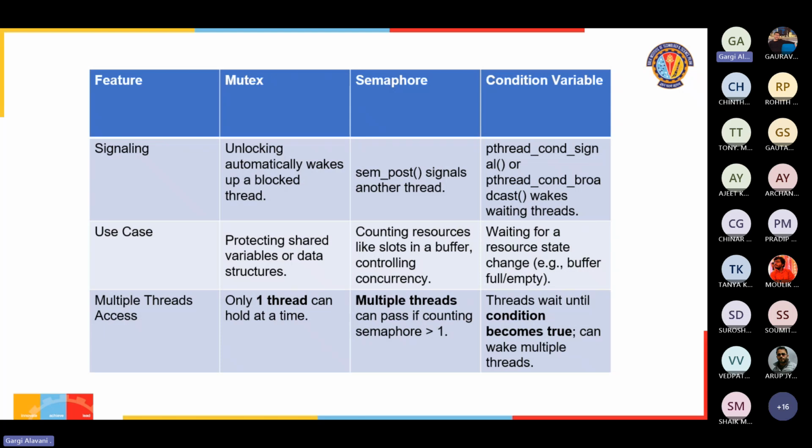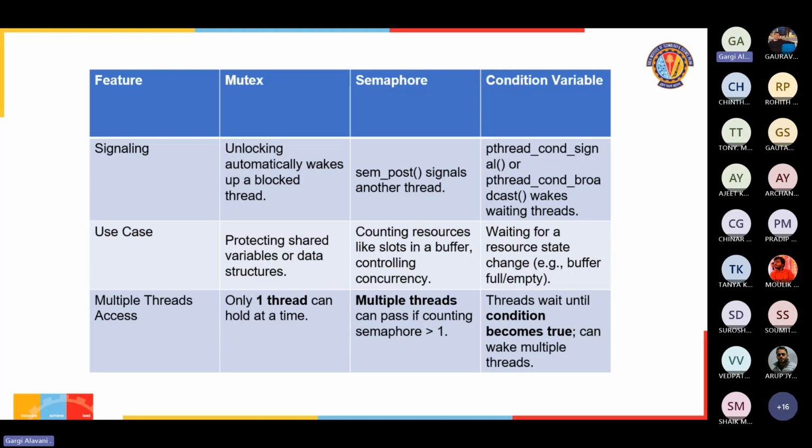Use cases: mutexes are used when you're trying to protect a shared variable or data structure. Semaphores are used when you want to use some count, such as the producer and consumer example we saw, where you use a buffer. Conditional variables are used if you want to wait for some condition to be true, again as in the buffer example.